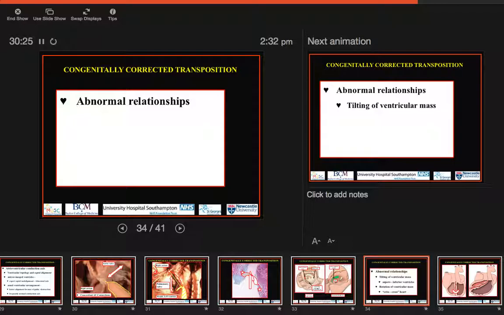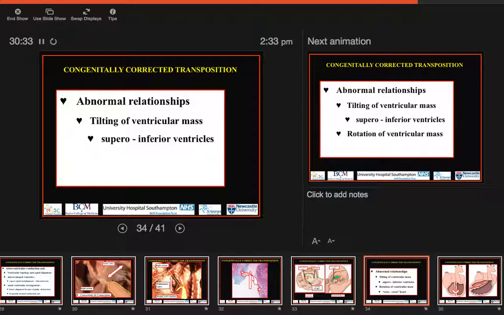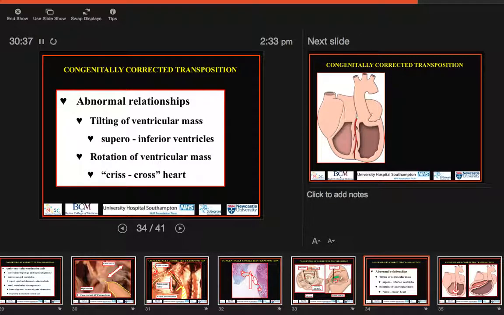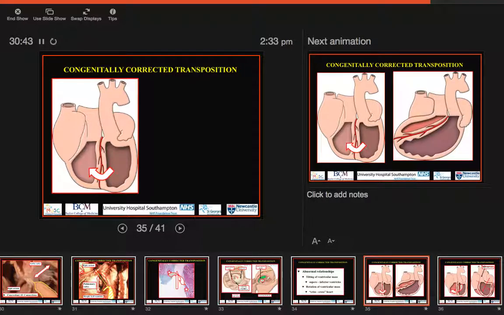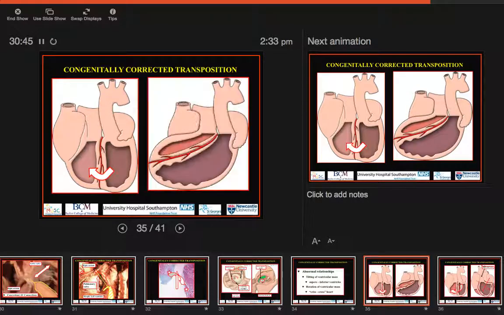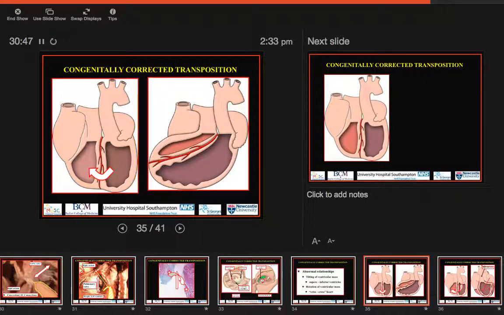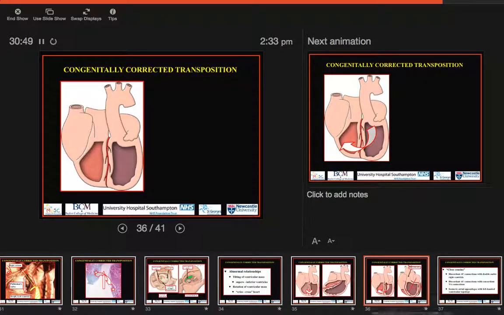So that's basic congenitally corrected transposition, but oftentimes the relationships are abnormal. That can be due to tilting of the ventricular mass, giving us superoinferior ventricles, or rotation, giving us this crazy thing, the crisscross heart. So tilting is easy to understand, and oftentimes it's tilted rightwards, and that gives us so-called dextrocardia.